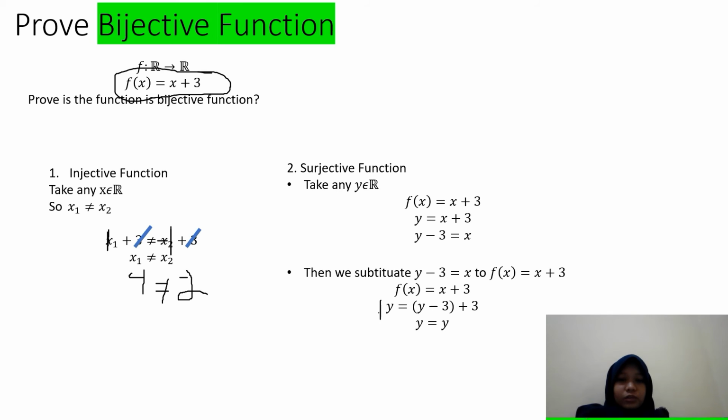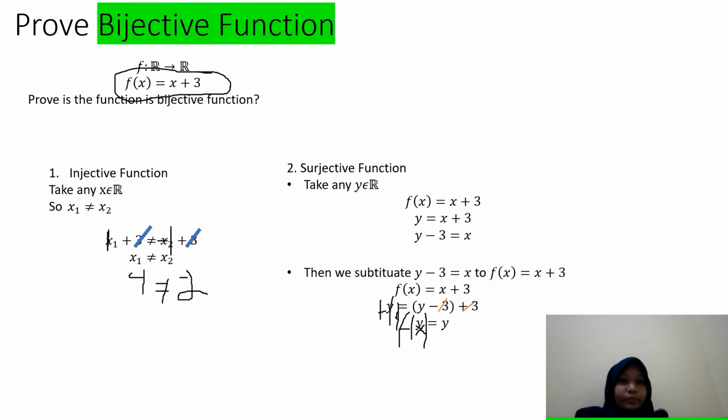I forgot to change it. So hard to write in this one. So f(x) is equal to x plus 3, f(x) is equal to y minus 3 plus 3. And then we can eliminate it, and then we got f(x) is equal to y. So this is also true.